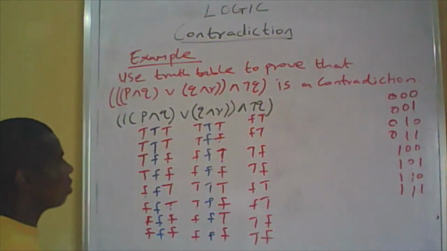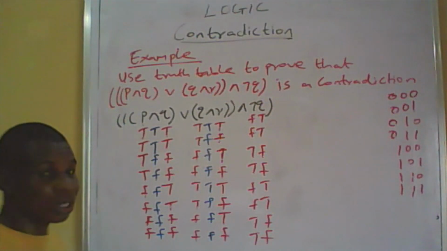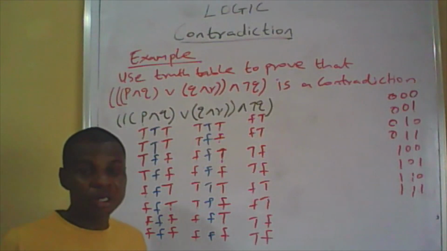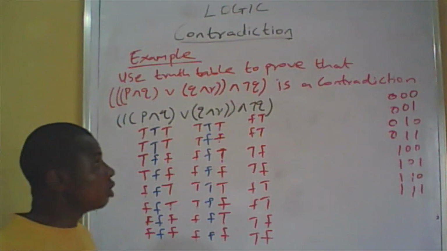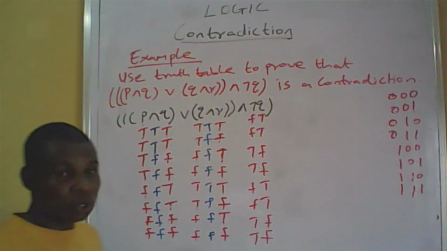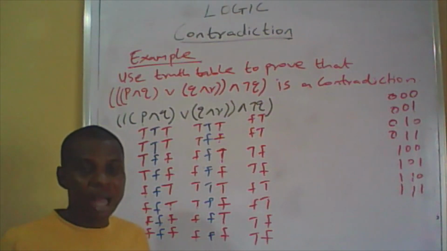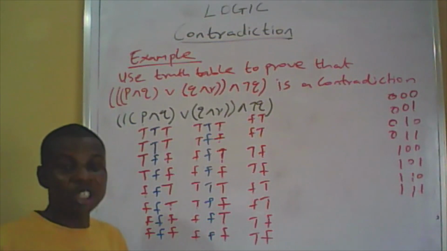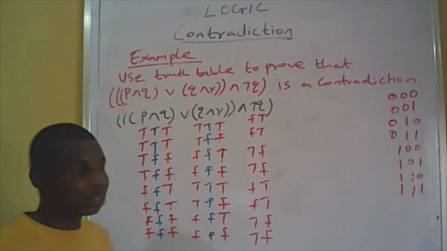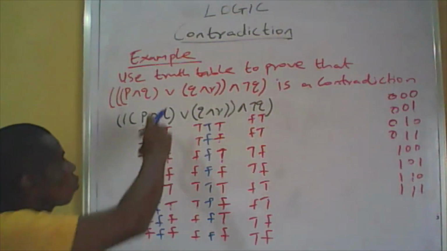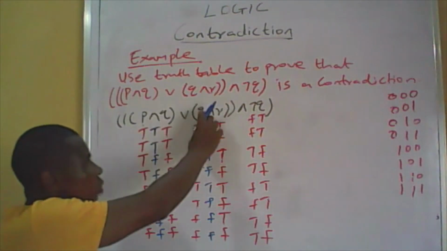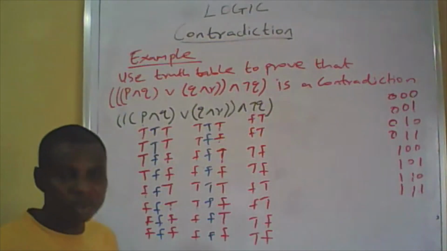We are going to evaluate the disjunctive statement to be false if both the disjuncts are false. That means if this statement is false and this one is false, we're going to evaluate it to be false.